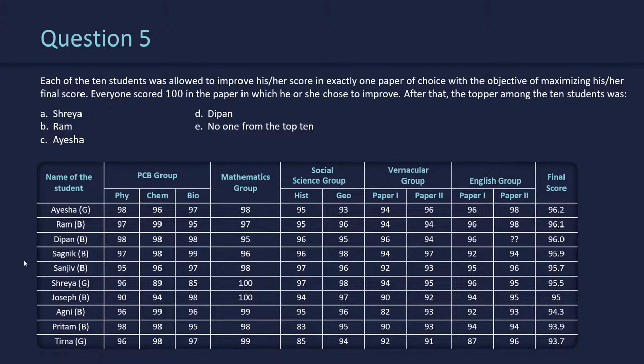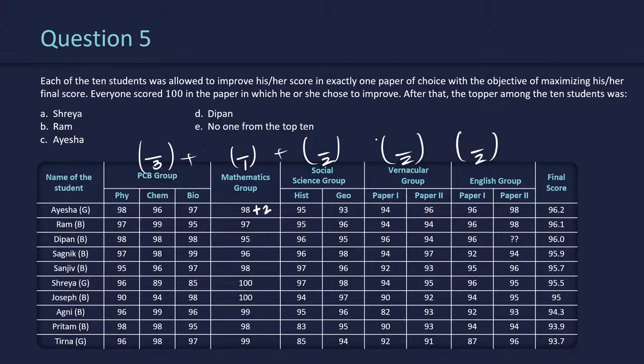Now, what happens is, if we look at Aisha, she is at 96.2. She has to maximize, right? So she can maximize her score by getting 2 in mathematics. अगर 2 का इंक्रीज होगा तो रिमेंबर मैथमेटिक्स में बाय 1 होता है और पीसीबी वाले में बाय 3 करते हैं और सोशल साइंस वाले में बाय 2 करते, एवरेज करते हैं पहले ग्रुप का, and English वाले maybe, and then we do the average of all of these group scores that we just calculated.